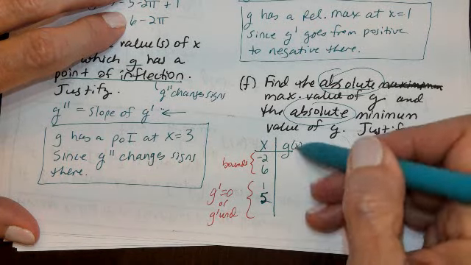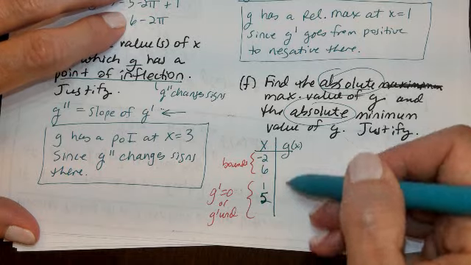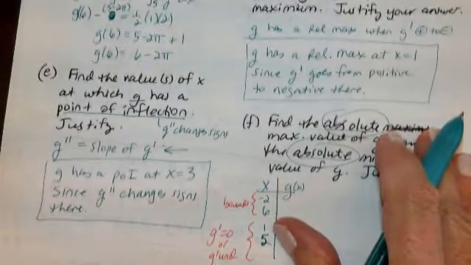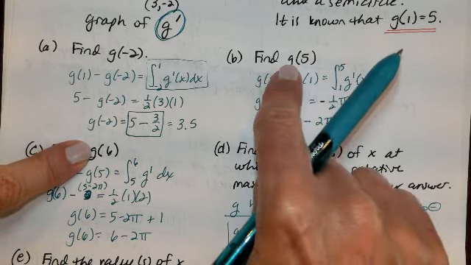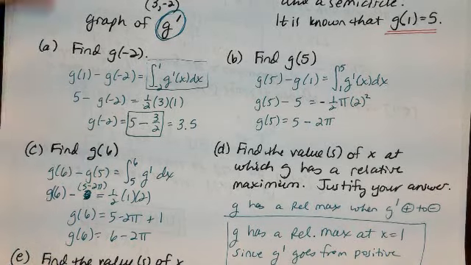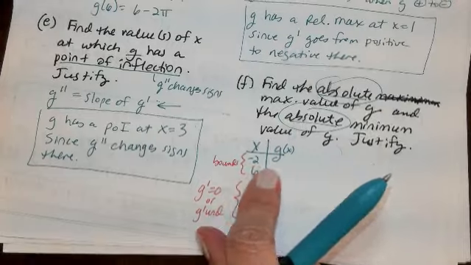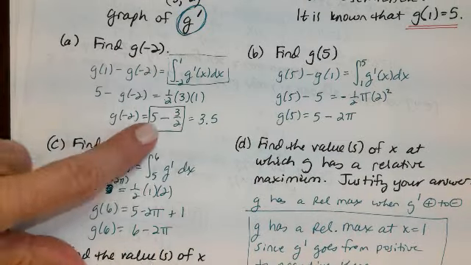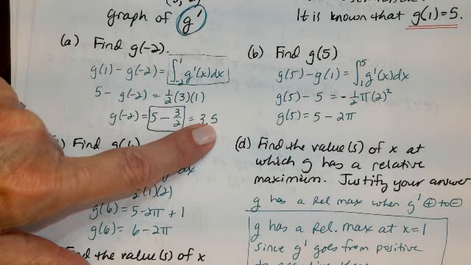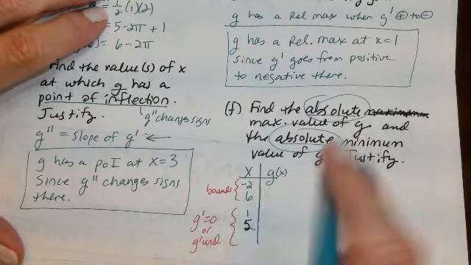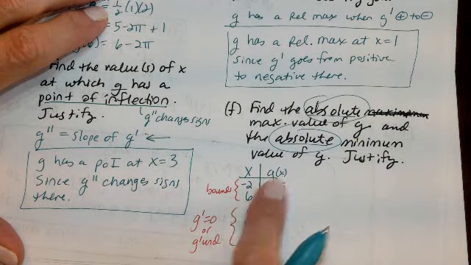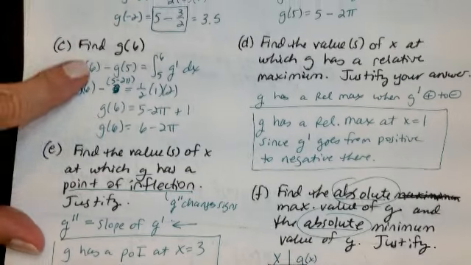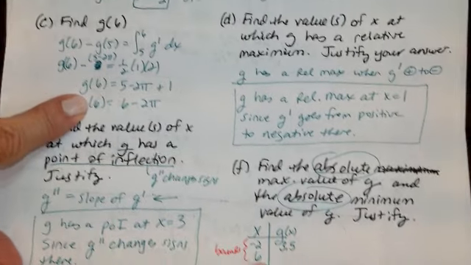Now we need to find the G value at each of those. What did we do in parts A through C? We found some G values, didn't we? Let's see if we found the ones that we need. Did we find G of -2? We sure did. G of -2 was found in part A, and that was 3.5. Did we find G of 6? We sure did. G of 6 was 6 minus 2 pi.